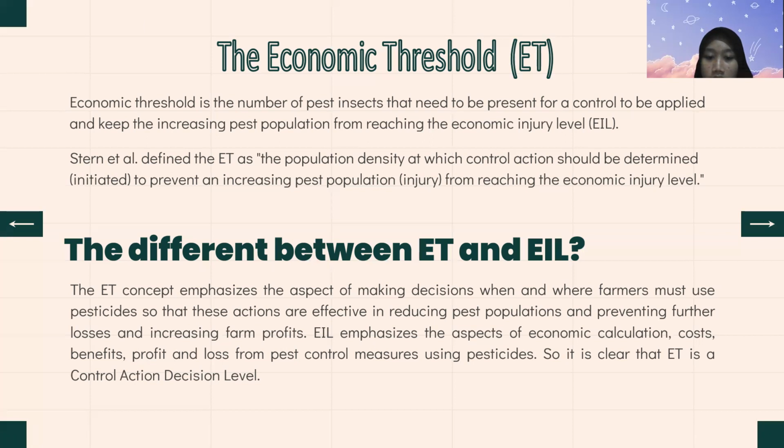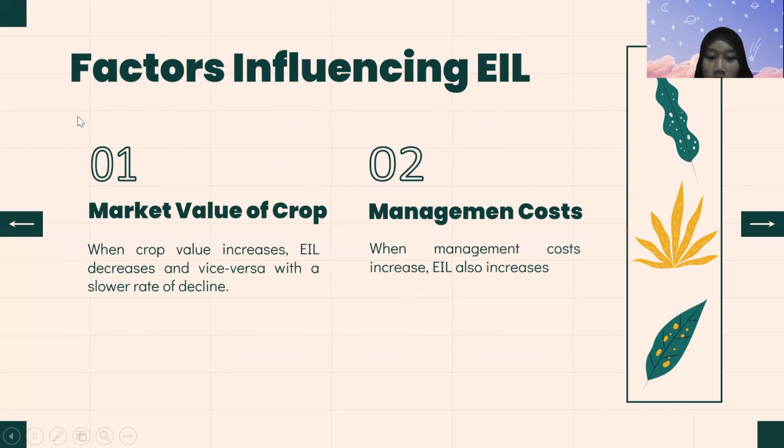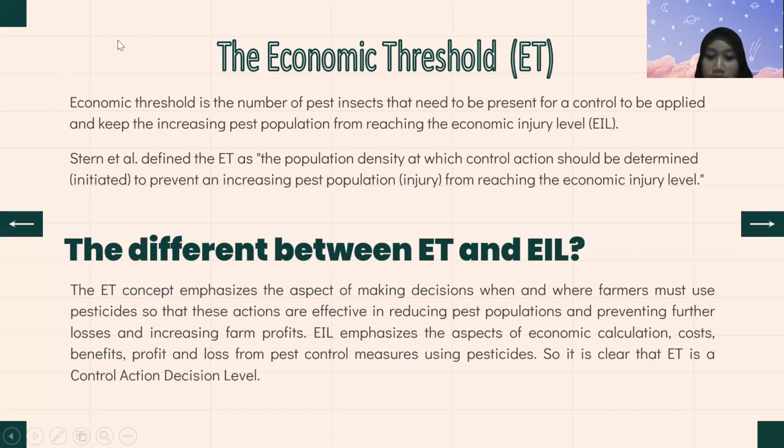The EIL emphasizes the aspects of economic calculation, cost, benefits, profit, and loss from pest control measures using pesticides. So it's clear that the ET is a control action decision level.